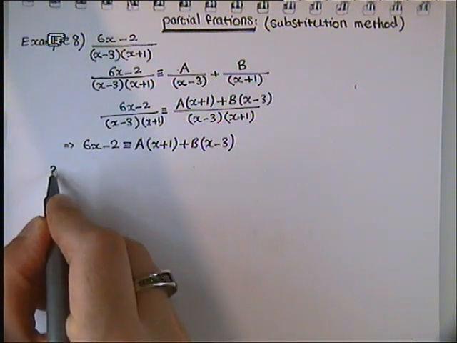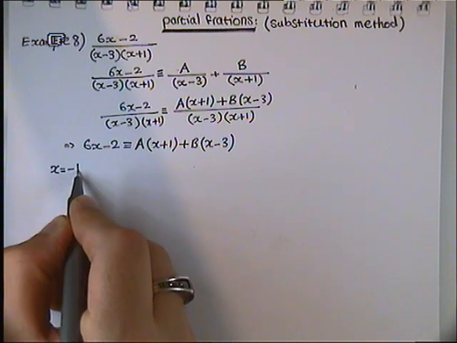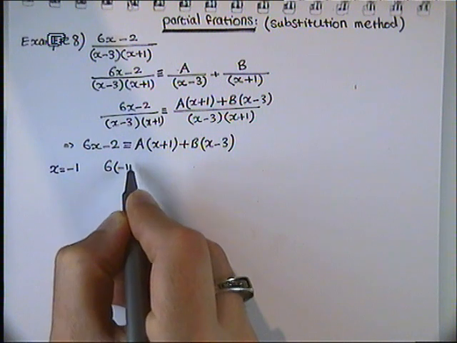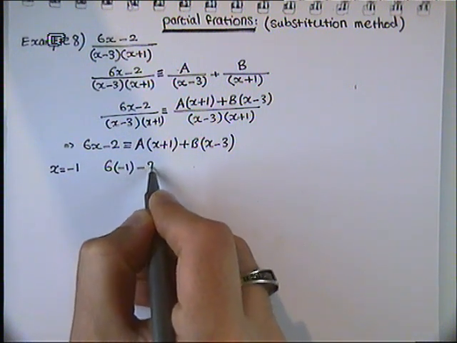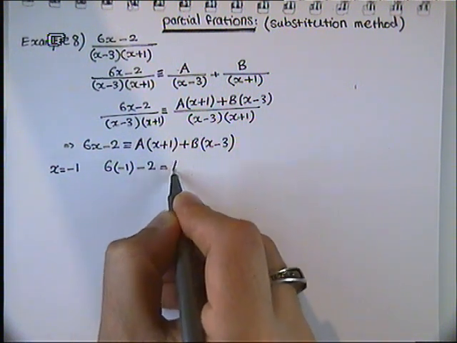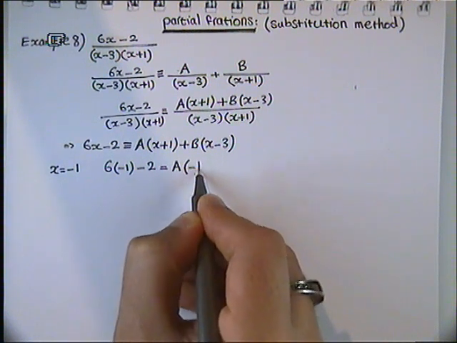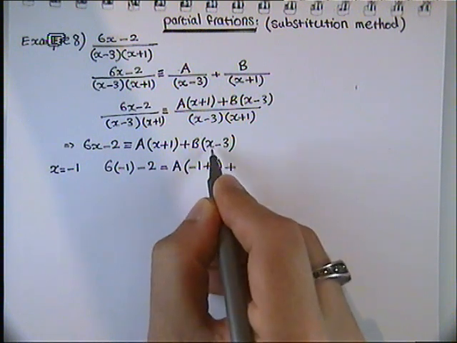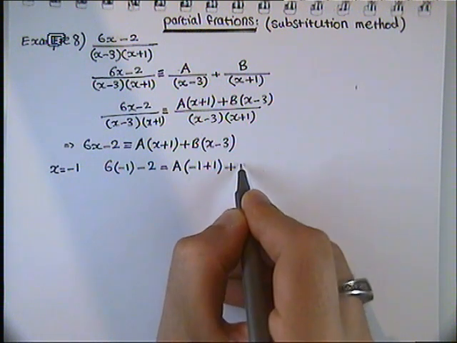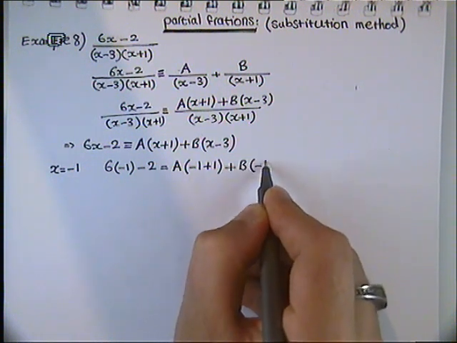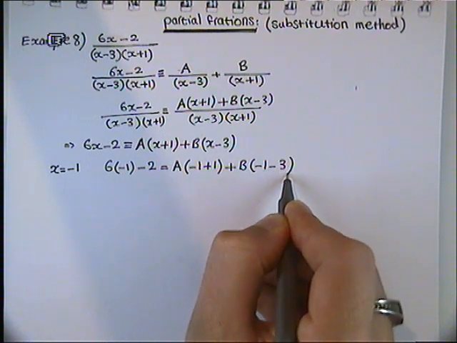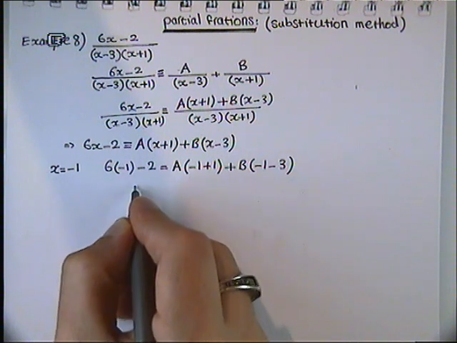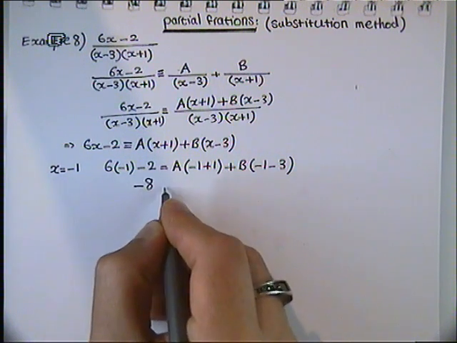So if x is equal to -1, for example, what would happen? 6 times -1 minus 2 must be equal to A times (-1 + 1) plus B times (-1 - 3). 6 times -1 is -6, minus 2 is -8.